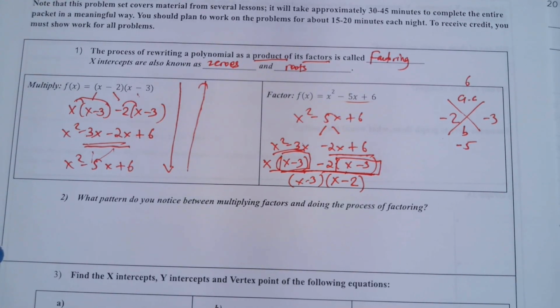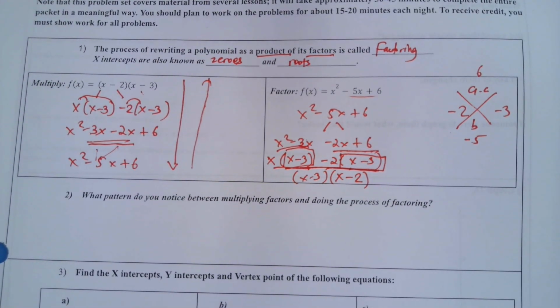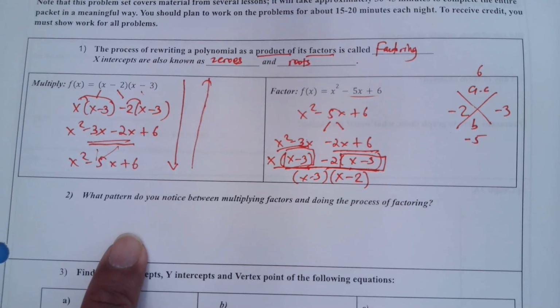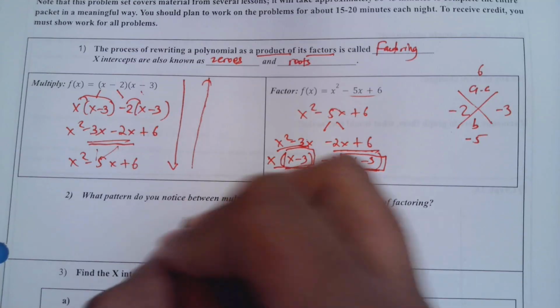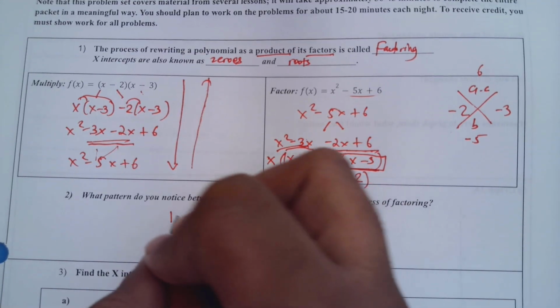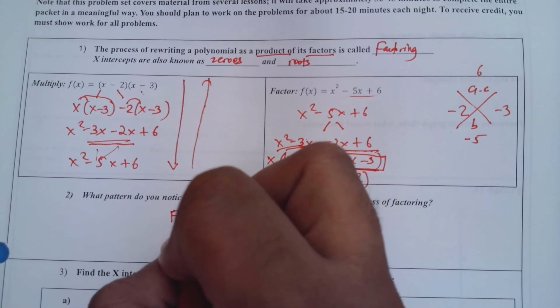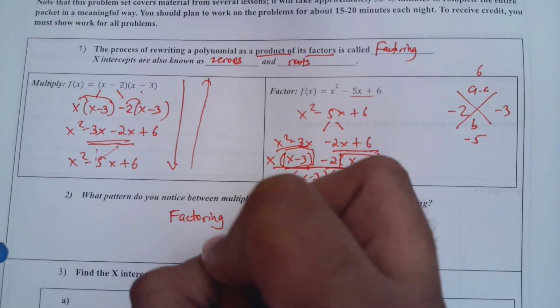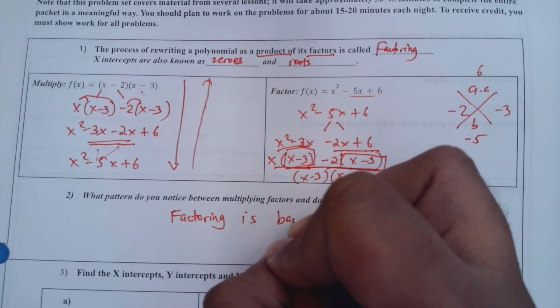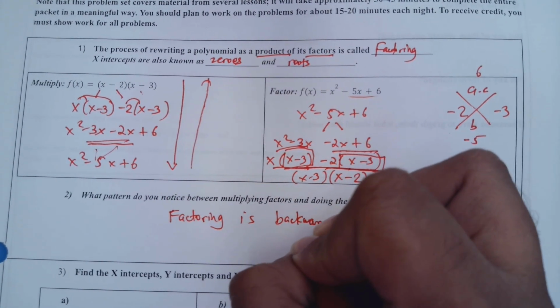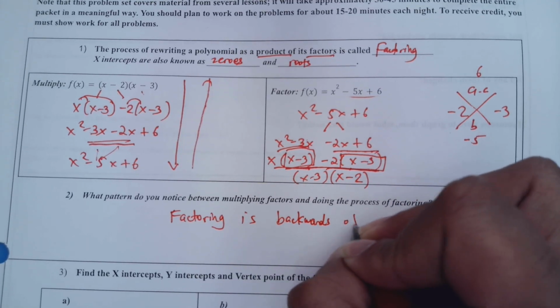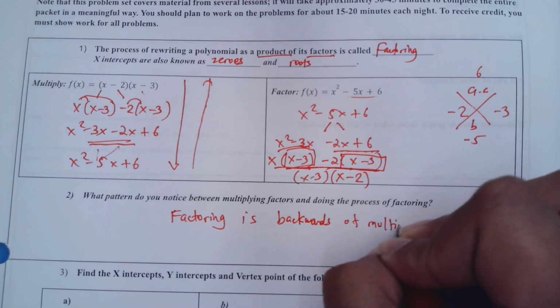There you go, you factored. Perfect. So what pattern do you notice between multiplying factors and doing the process of factoring? Well, basically, factoring is backwards of multiplying factors.